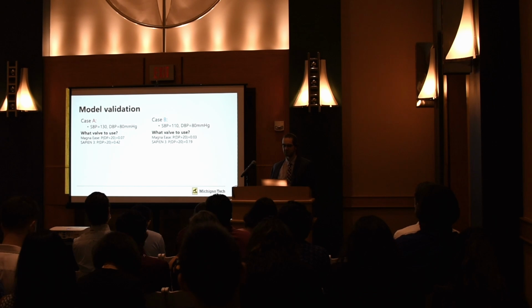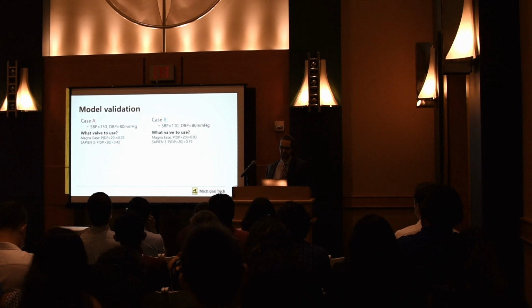And then finally, we look to validate our model. To do this, we added an additional experiment using blood pressure conditions that weren't present in the original training data. So going back to case A and case B, both of these values weren't present in the original data. So we tested two new experiments at 130/80 and 110/80 millimeters of mercury.